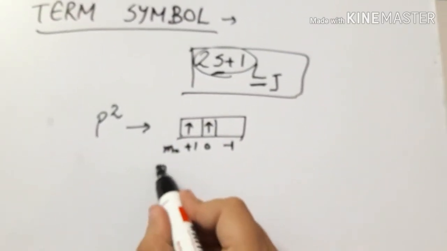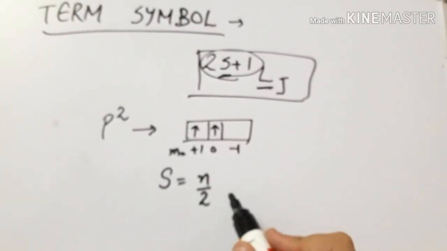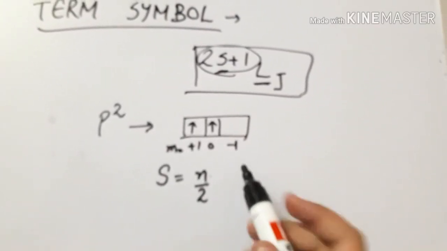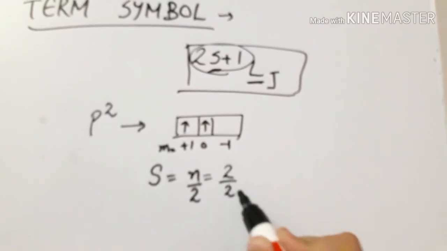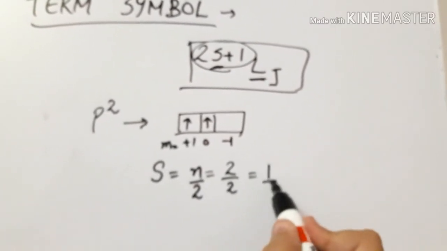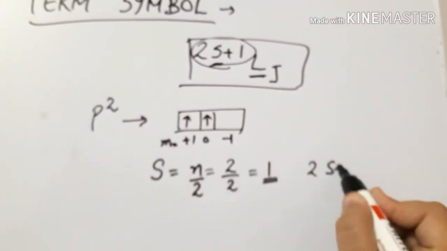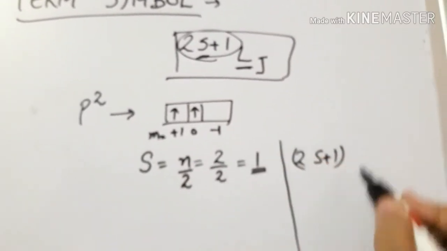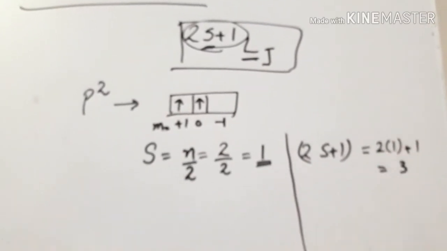Alright, so for finding S, we have the n by 2 formula. Here n is the total number of electrons, so this is 2 by 2, and this is 1. So 2S plus 1 is 2 into 1 plus 1, that is 3.